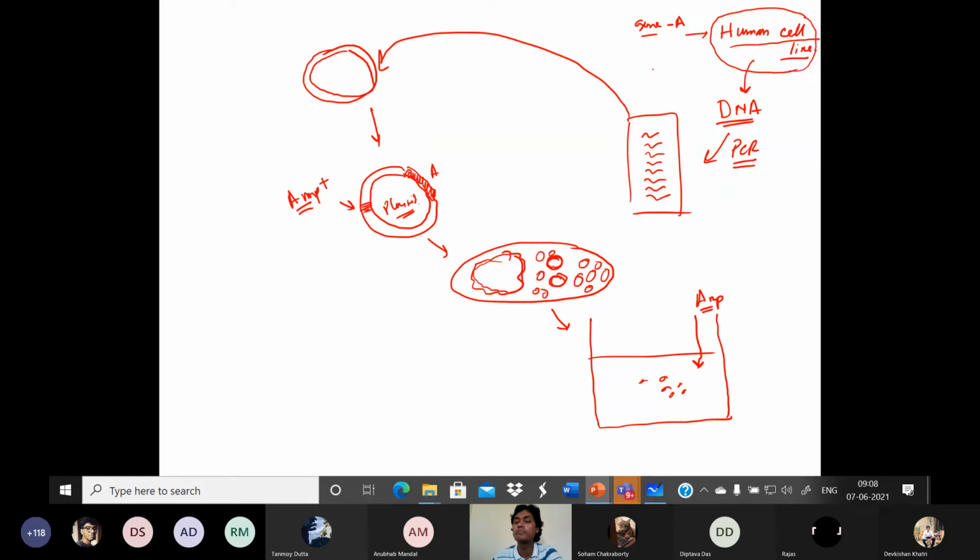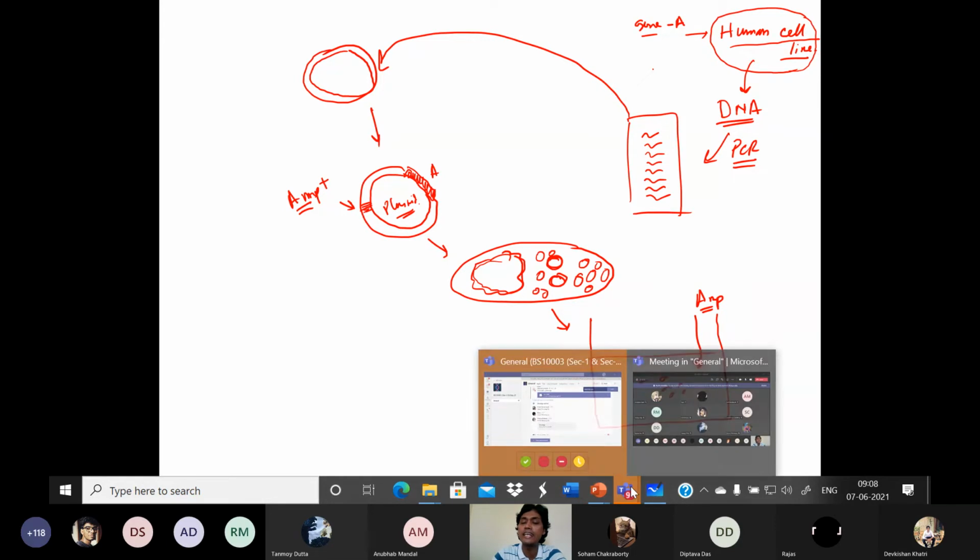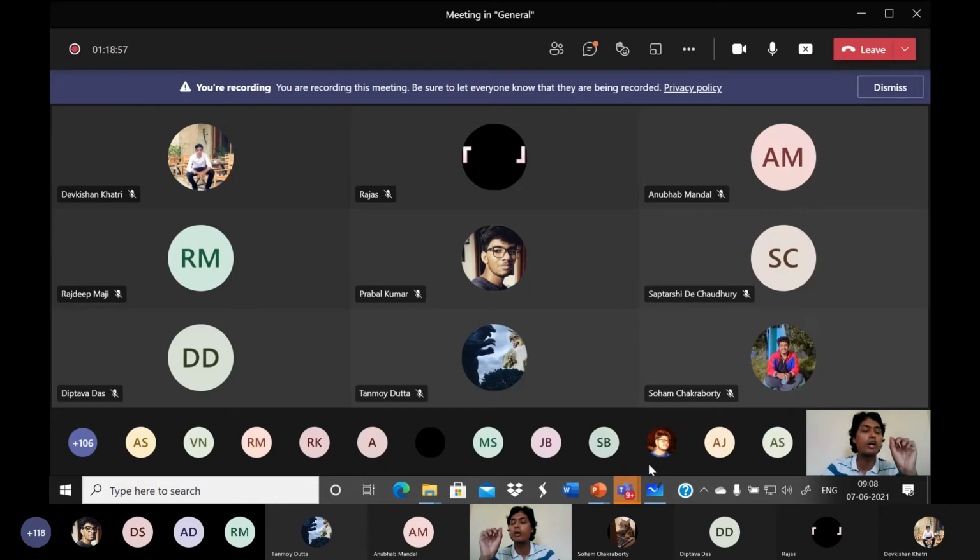You know why? Because each plasmid contains one copy of this ampicillin resistance gene. If you have more concentration of ampicillin in the media, in order to survive, bacteria will try to make more and more antibiotic resistance product. So how will they do that? They need to express those genes, right?